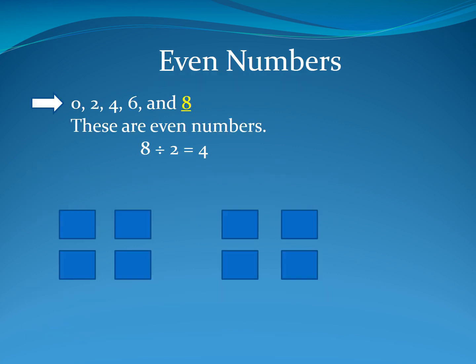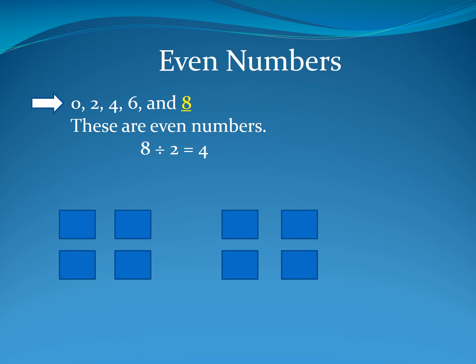Any even number is one which, when divided by 2, gives no remainder. In other words, an even number completely divides by 2.